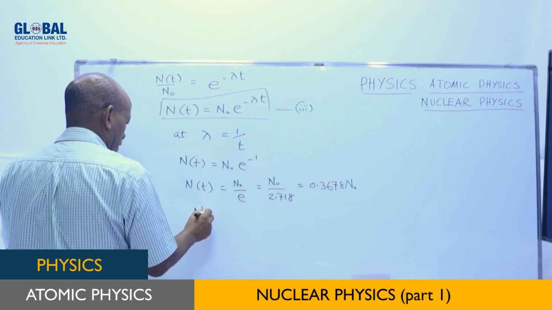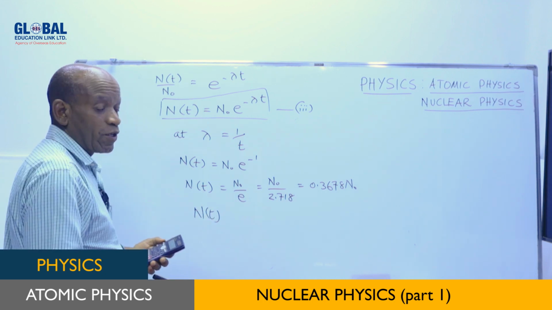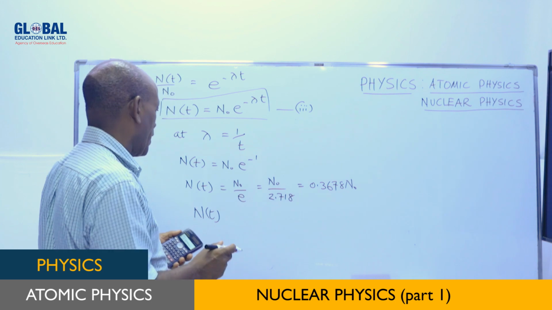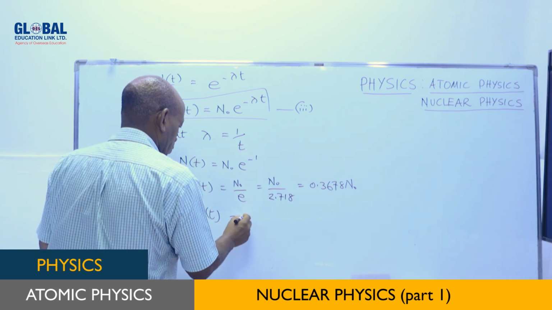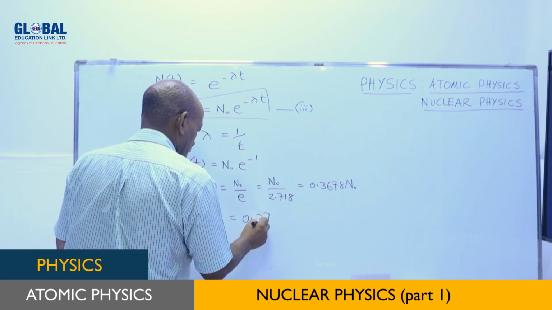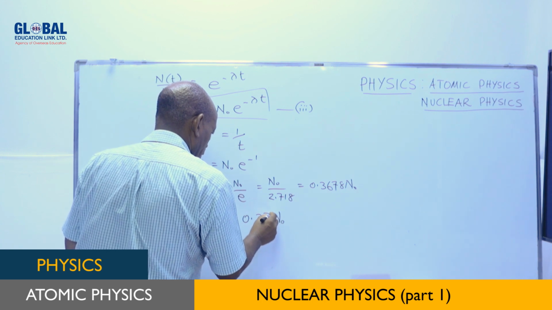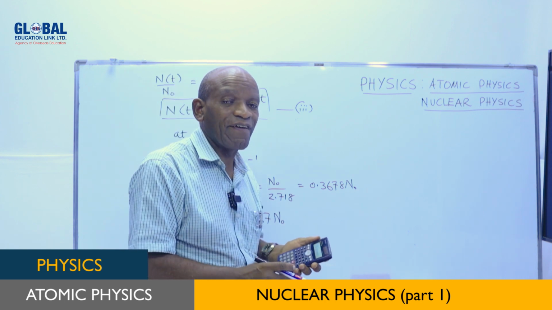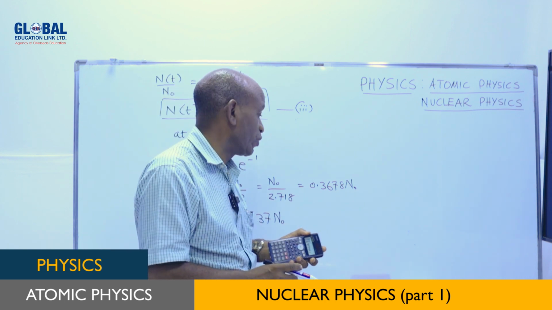So it means that the number of samples of the radioactive material which are present will be equal to 0.37 of the original sample which were there at the very beginning at t is equal to 0.